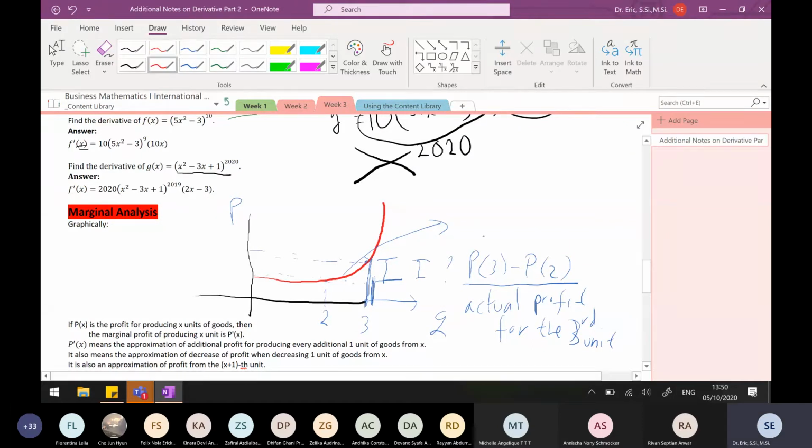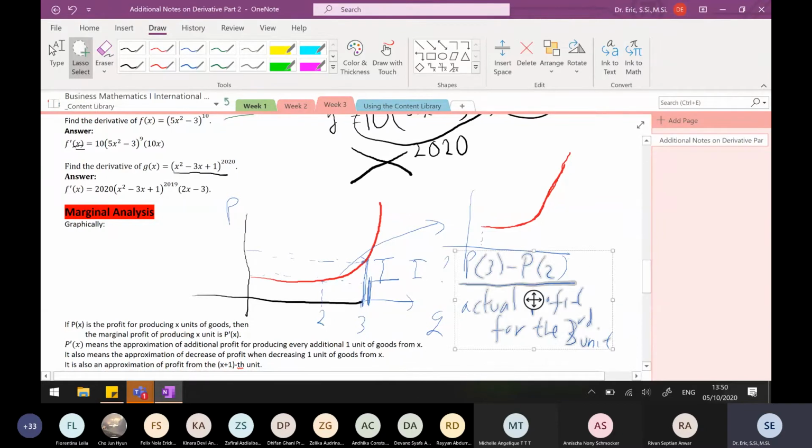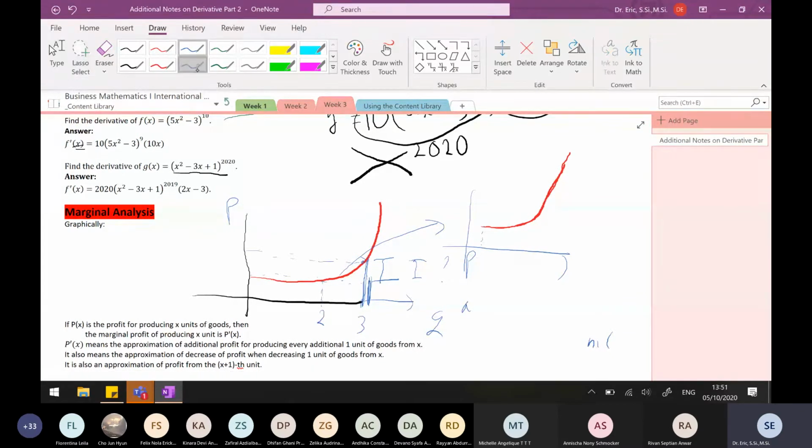This is at x equals 2, and this is at x equals 3.